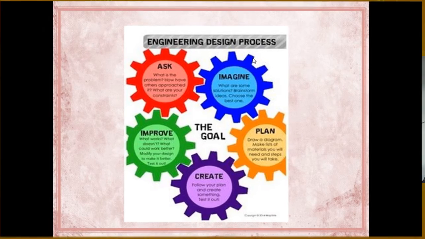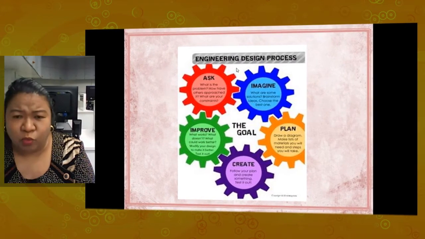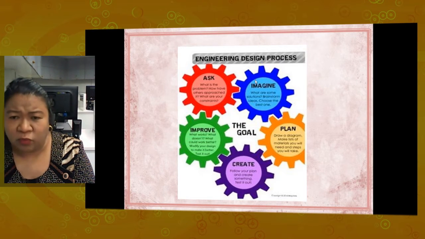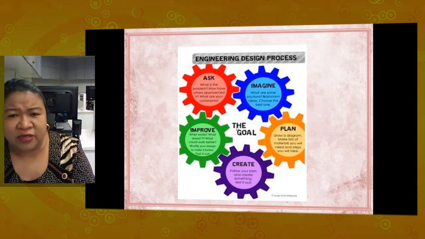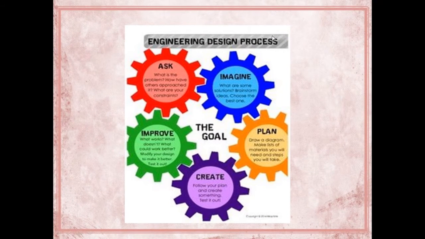Okay. And then this one, you see, these are gears. And you know, when one moves, the other one moves as well. And there's a chain reaction because this is what? It's a process. No? So you ask, you imagine, you plan, you create, and you improve. So that's the design process.